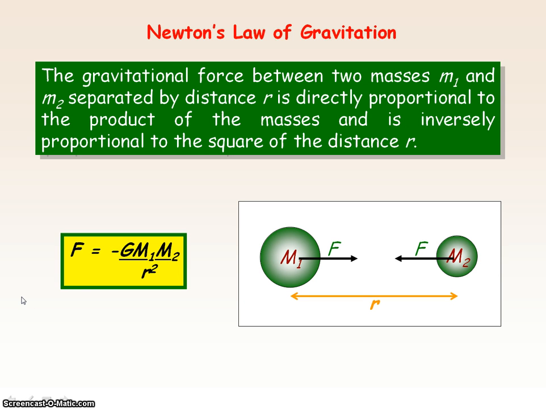This law can be expressed mathematically by this equation, where again G is the universal gravitational constant. So you can see that the force F is directly proportional to the product of the masses, that is m1 times m2. And you can see that the force obeys an inverse square law with the distance.